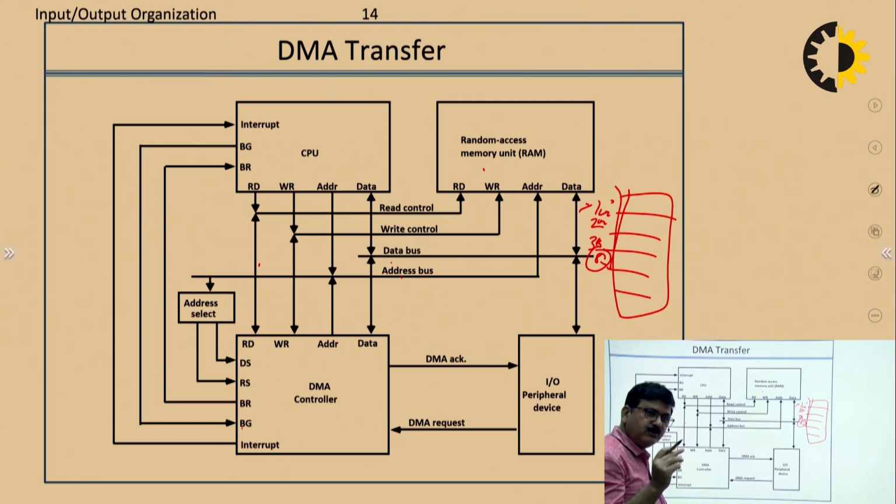This is the concept of burst cycle and steal cycle, because the CPU and input output peripherals are very slow devices, so they use a buffer also. Here is the buffer. Based on the buffer size, we decide whether it is a burst cycle or steal cycle. If the buffer size is small, we transfer only word by word.